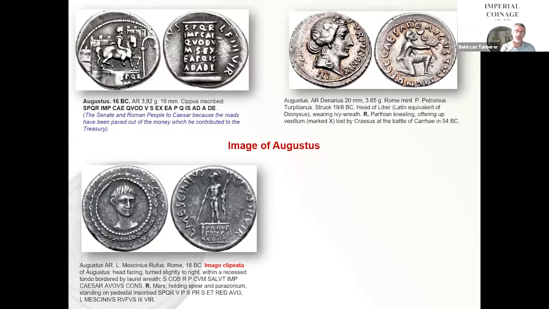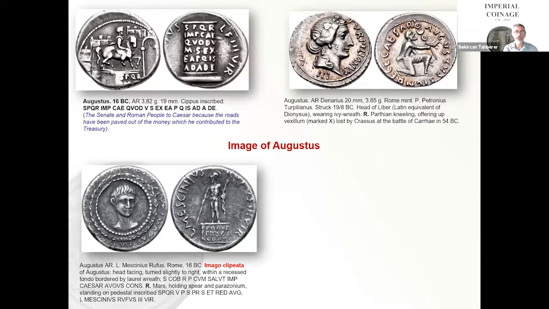Imago clipeata was an art form in the Roman Republic, usually used for ancestors. When you want to praise your ancestors, you would have that person's image on a shield.